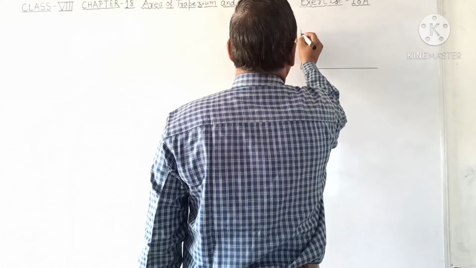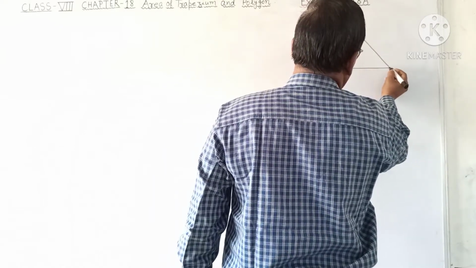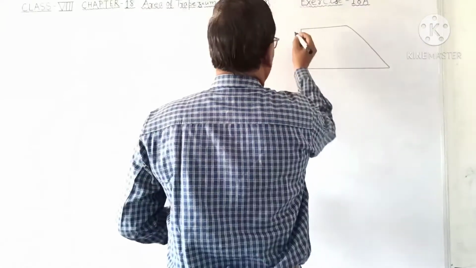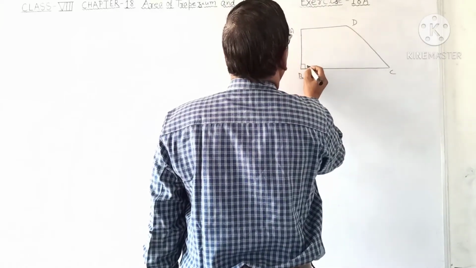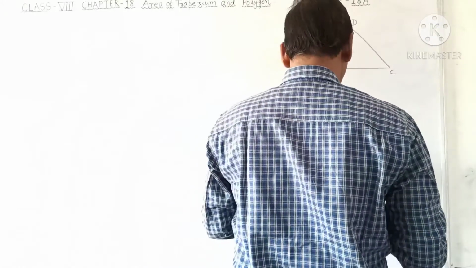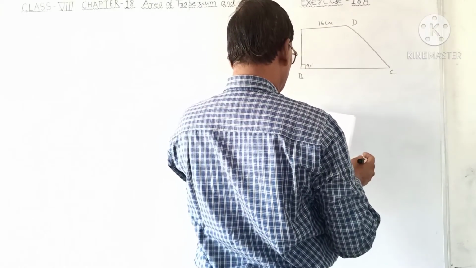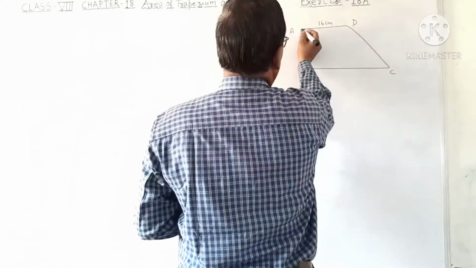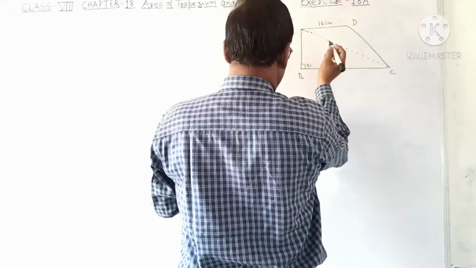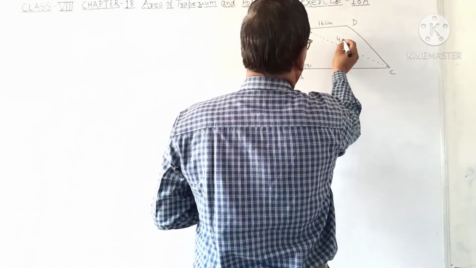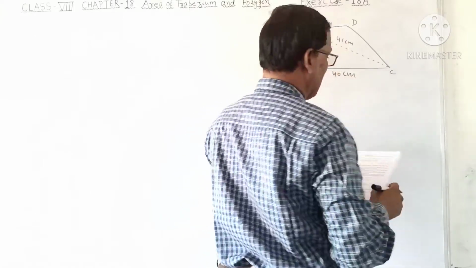The figure of trapezium is given. ABCD, angle B equal to 90 degree, AD equal to 16 centimeter, join AC, AC equal to 41 centimeter, and BC equal to 40 centimeter. Then find the area of this trapezium.